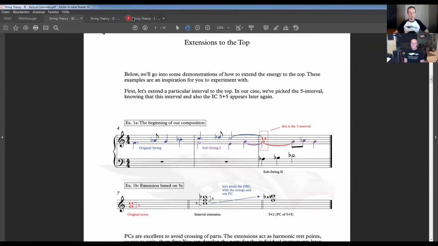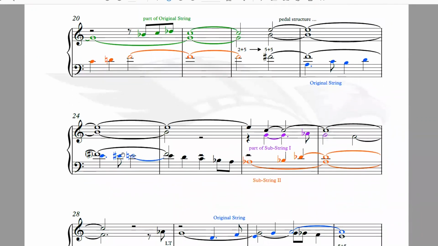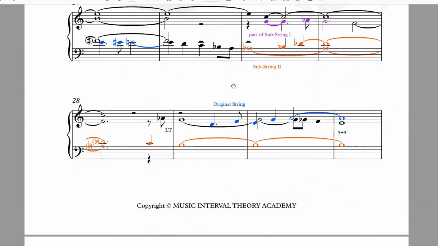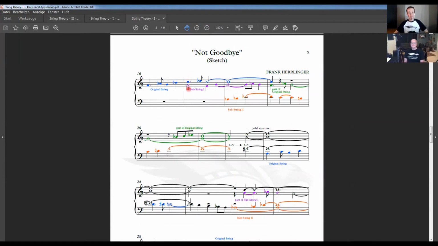When I look at the sketch, I can actually bring up the sketch here for a second. In this case, I'm looking for vertical combinations here.